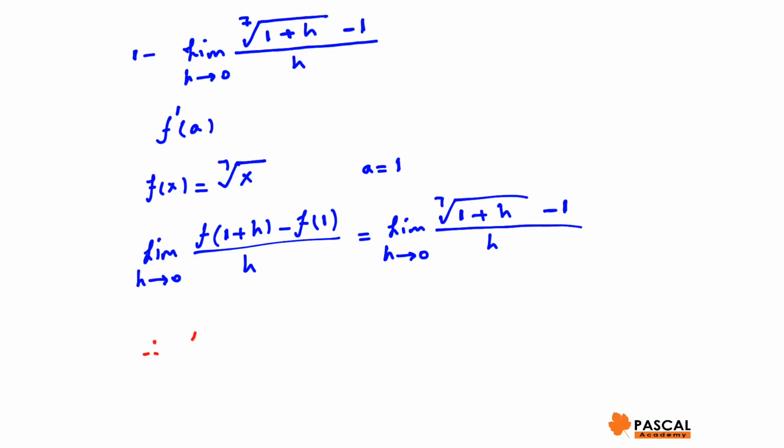Therefore, f of x is the 7th root of x and a is 1.